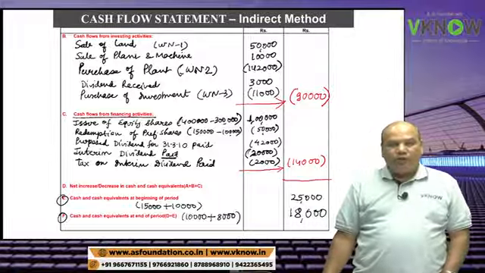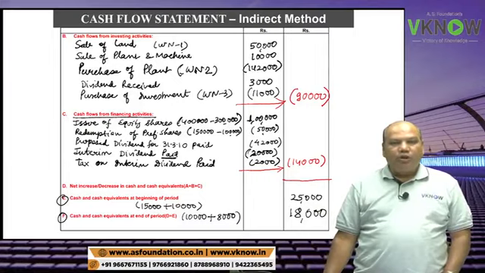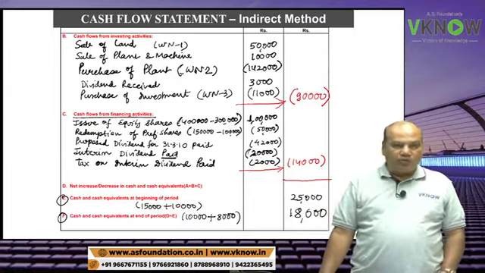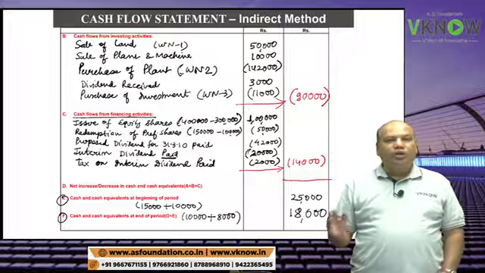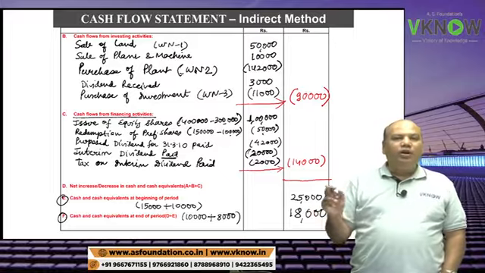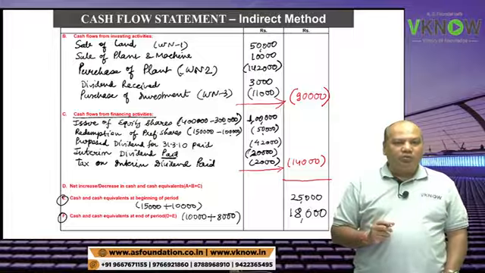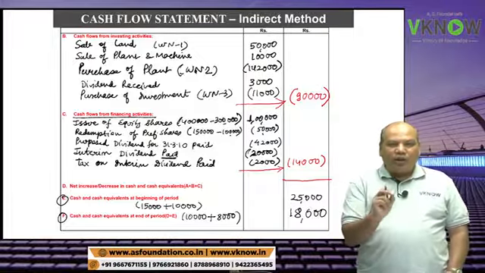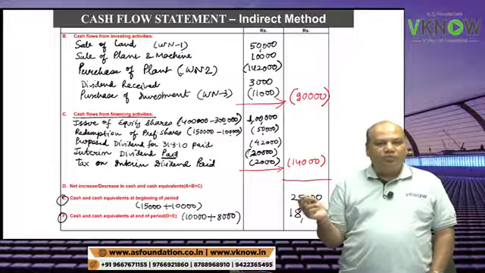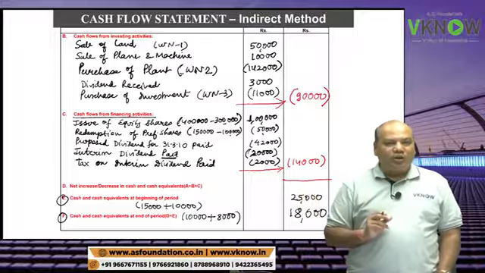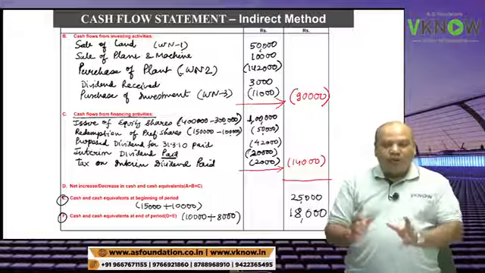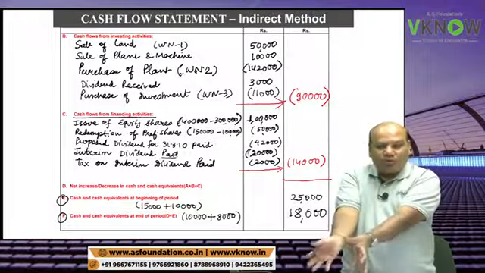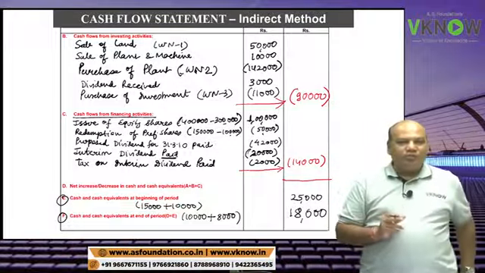Profit on sale of land is not credited to P&L account. It is credited to capital reserve account. When it is not credited to P&L account, why will we deduct it in the P&L account? I have given you the journal entry also: land to capital reserve. It was not credited to P&L account. So if something is not credited to P&L account, why will you remove it?